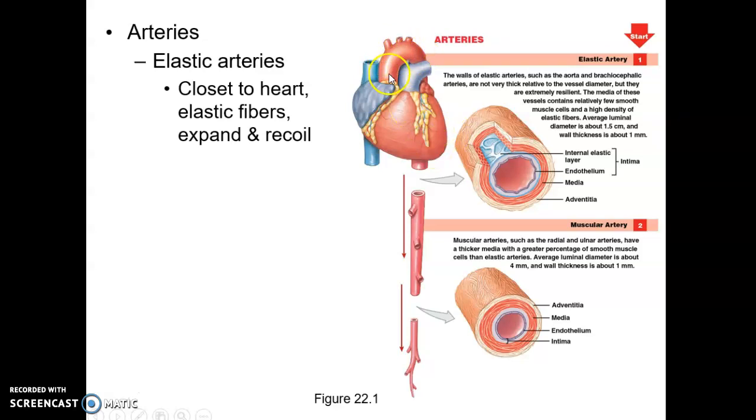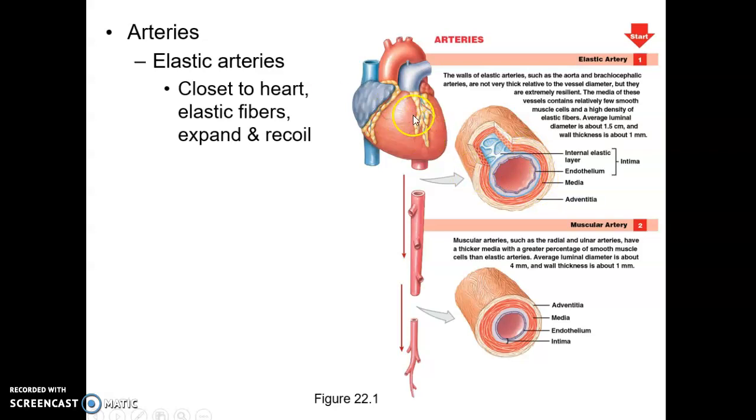So when that blood is propelled into that artery, the artery will expand somewhat, kind of like if you imagine forcing water into a balloon. The balloon will expand somewhat, and the elastic layers and the elastic fibers allow for that expansion.